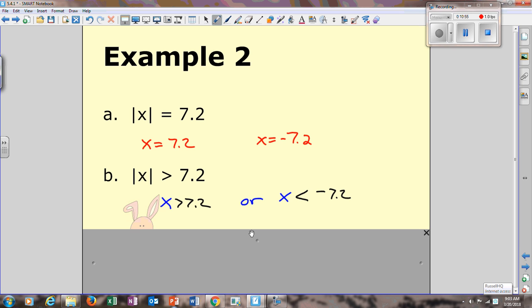If I want to graph that, 7.2 greater than goes this way. Negative goes that way. You can see that it's an or. The middle's left out.